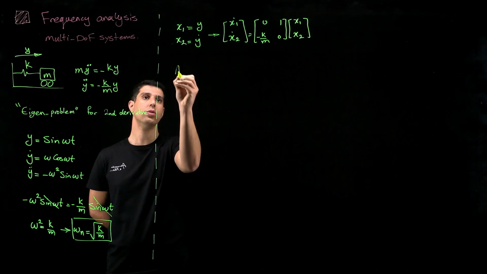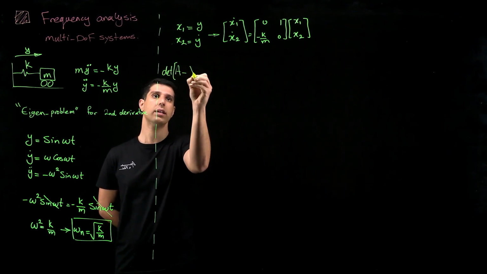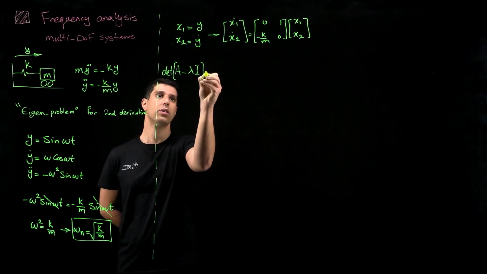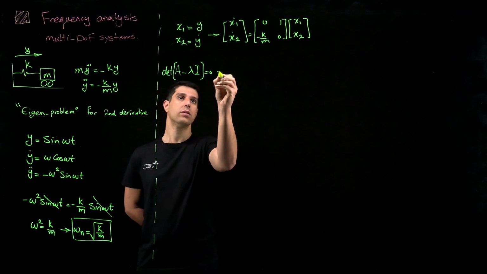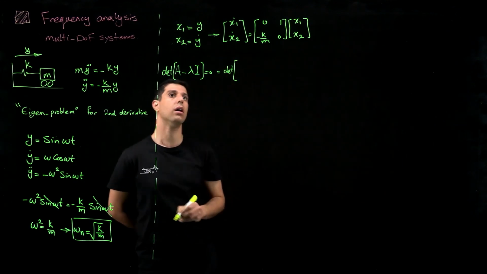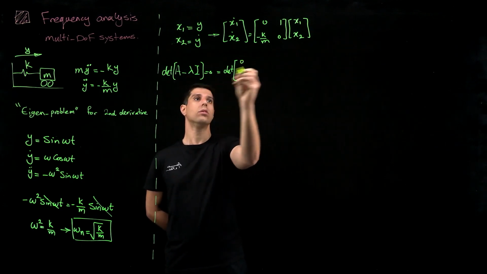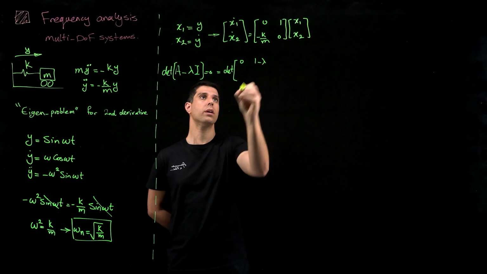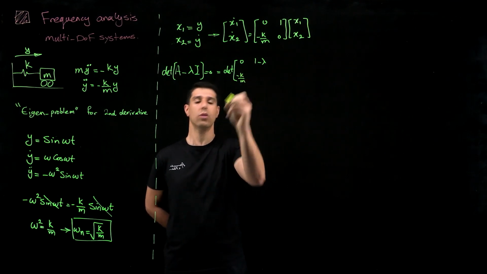What I need to do is to set the determinant of A minus lambda I to be 0, my characteristic equation for that. So this one is going to be the determinant of, what do I have? So A is 0, 1, minus lambda, minus k over m. No, why am I doing this?